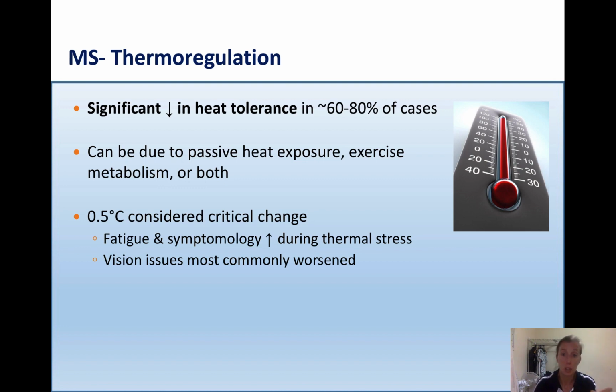But the vision loss is usually the most commonly worsened. So if somebody's exercising, starting to get hotter, warmer, complaining that vision problems are worsening, then you need to take note of that. Don't just skim over it.